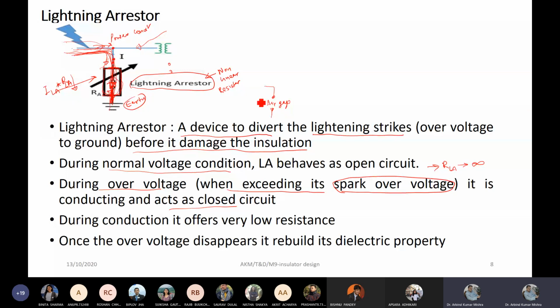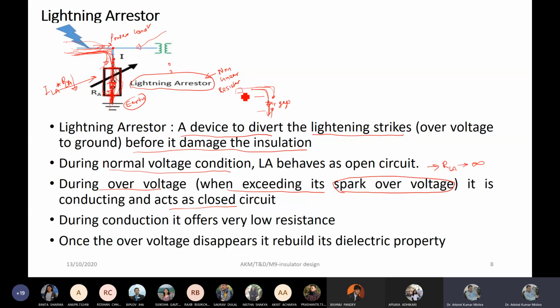Once the voltage across it exceeds a preset value, the air gap ionizes, the air breaks down and the current starts flowing through it, so it is diverted. Once the lightning has gone, the current is still going through it, and for the source end it behaves like a short circuit.